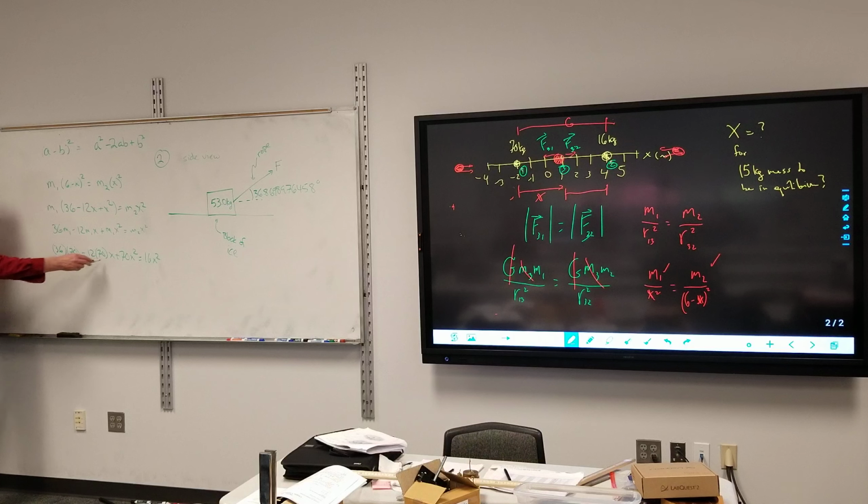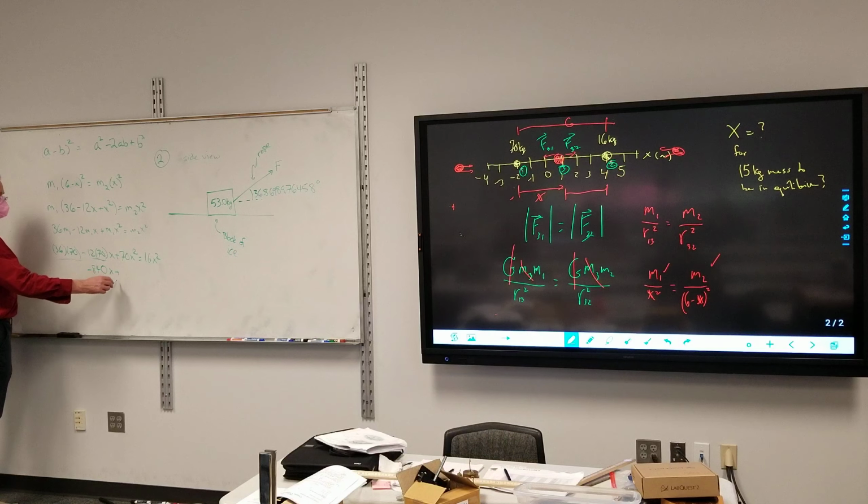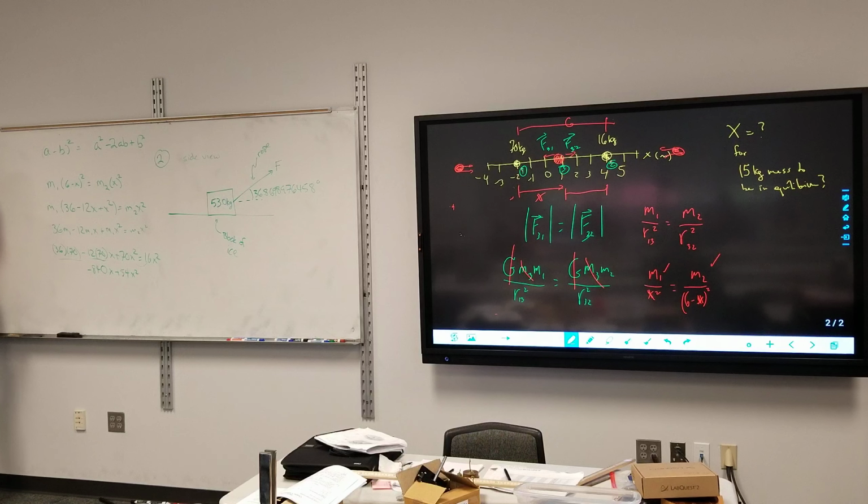Somebody's going to tell me what those are. Oh, this one I might be able to do. Negative 840x plus, let's combine those, 54x squared, and this is 2,520.